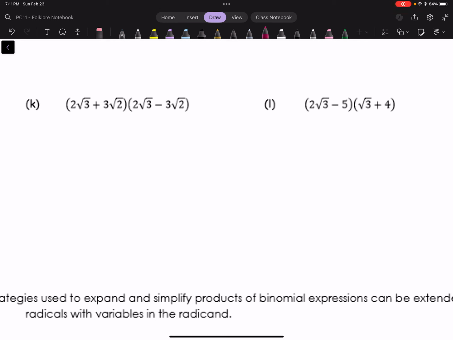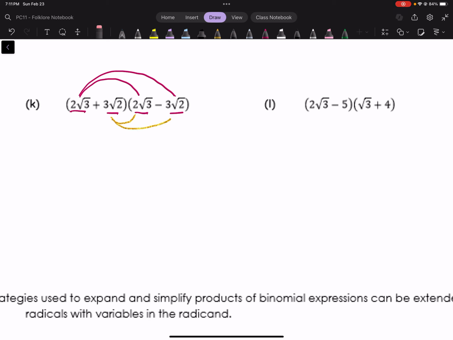So it's a binomial, 1, 2, 3, 4, right? Each binomial has two terms, so I'm going to have to do one multiplication and two multiplications. I'm going to call those the red multiplications, and then I'm going to go on to the gold, and there's two there.